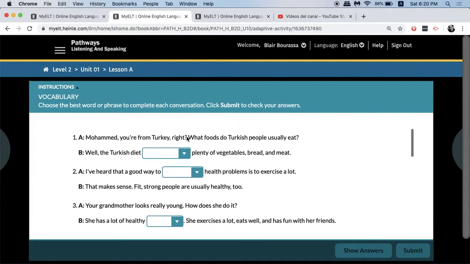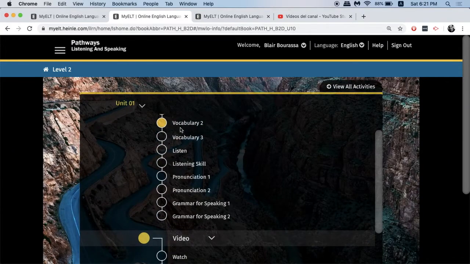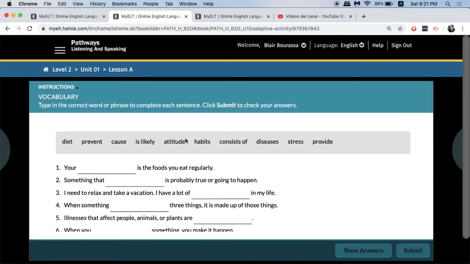And then there are these ones where you choose the correct term to go in the blank from a multiple choice kind of selection. Okay, so submit, correct, okay. So there's that. Okay.